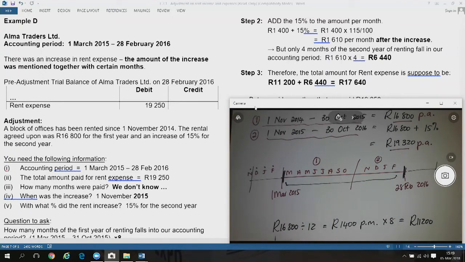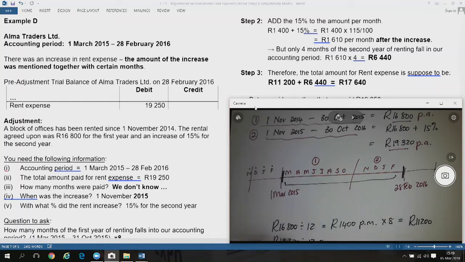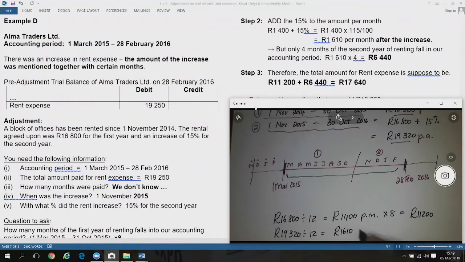Then you can say 19320 divided by 12. That will give you 1610, which is also the 1,400 plus 15%. And then we say per month, and only 4 months fall in our accounting period.